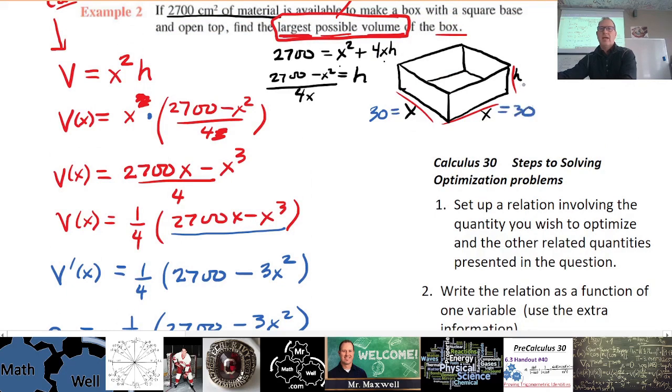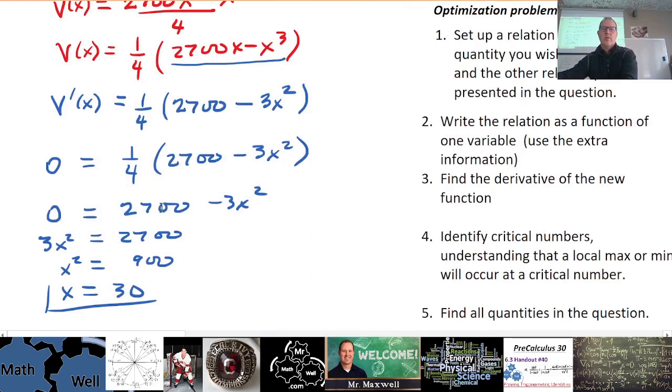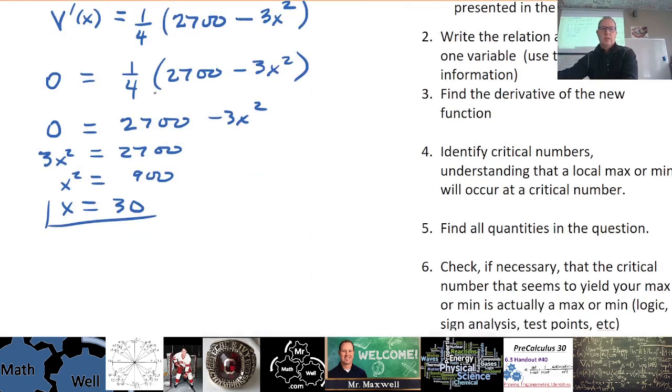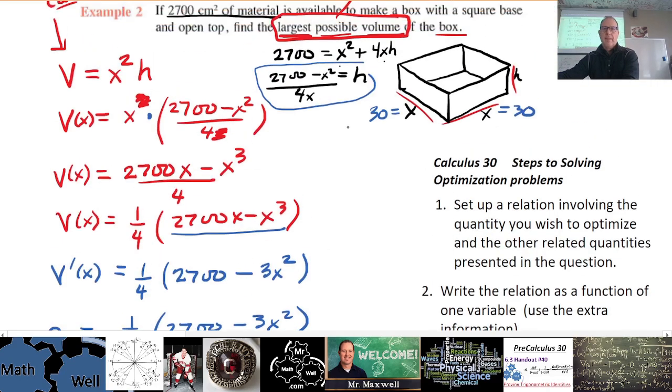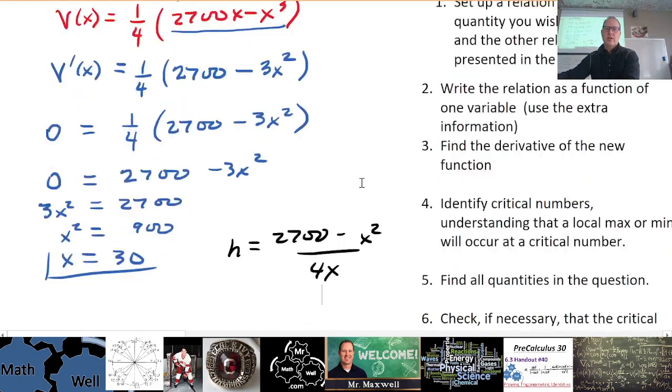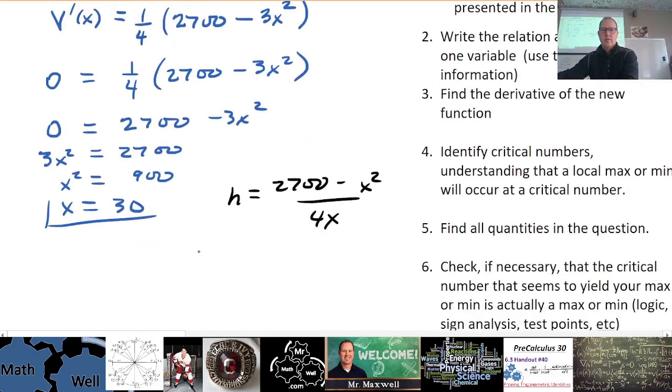I have to find out what h is now. Okay, and simply I do have h solved for here: 2700 minus x squared over 4x. So h is 2700 minus x squared over 4x. And then you just go ahead and solve for h there, plugging your x equals 30 in.